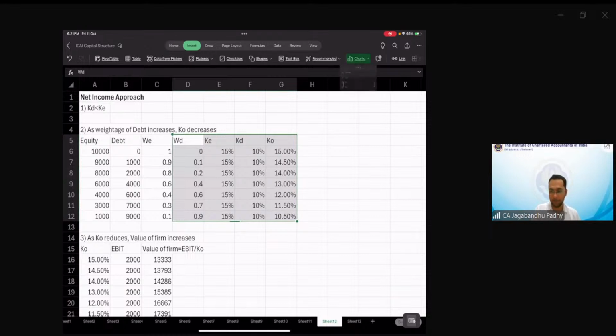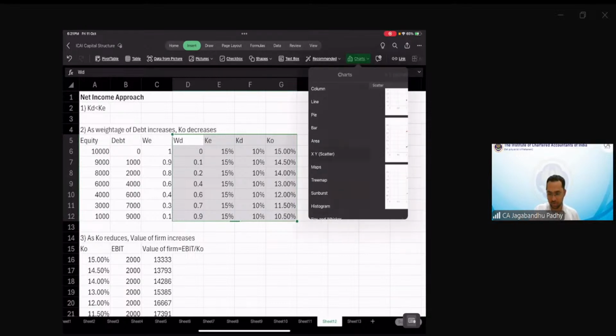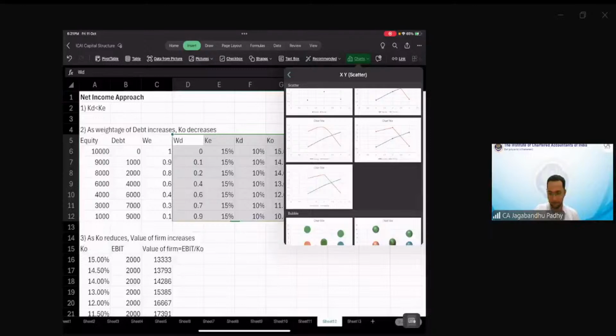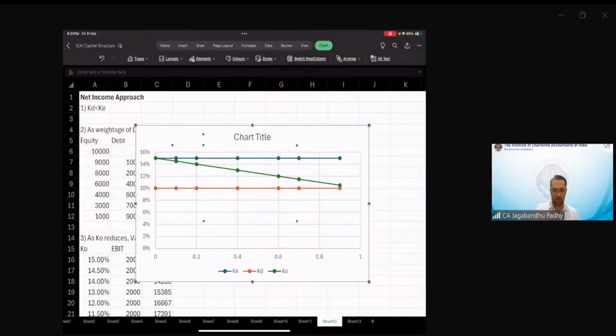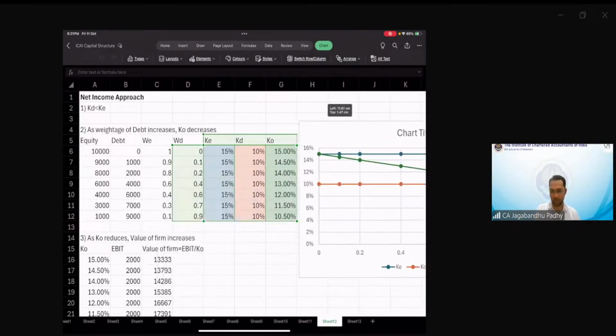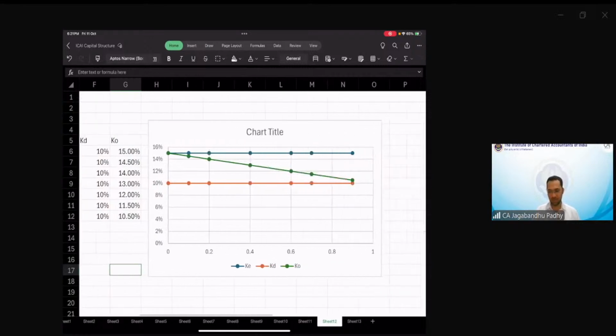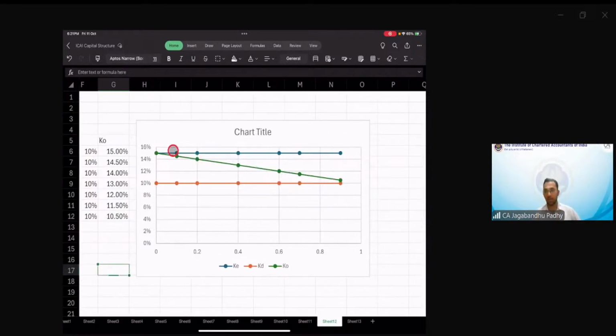If I just draw a chart, maybe we get it somewhat like this. What we observe is your KE is constant, your KD is constant, and overall cost of capital is reducing. How can we assume that your cost of equity is a constant term irrespective of the amount of debt that you take? That's a problem with the CAM, right?